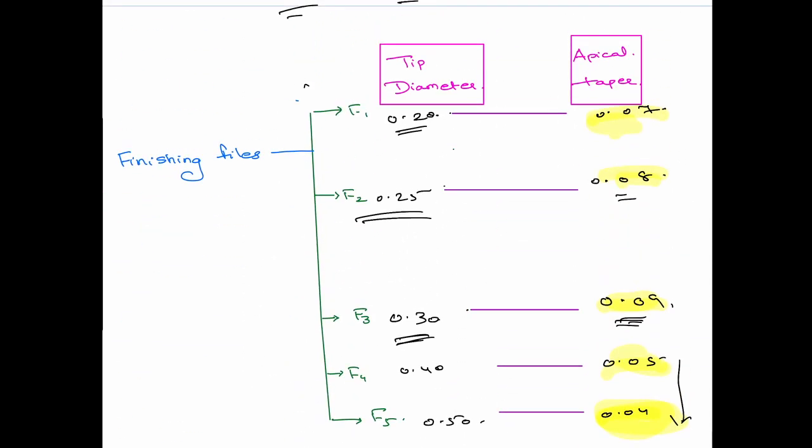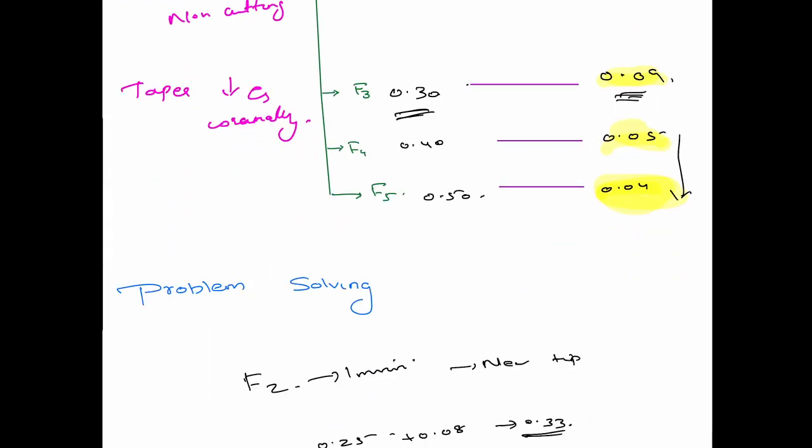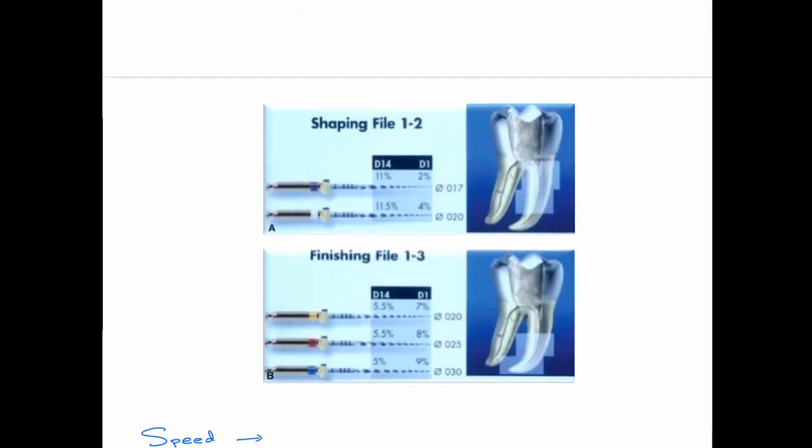Now, before that, you have to know two very important points about the ProTaper finishing files. It has a non-cutting tip. We said that the shapers are partially cutting, and that when we come on to the shaper files, the taper increases coronally, but in this case, it decreases coronally. How is it? Let us see.